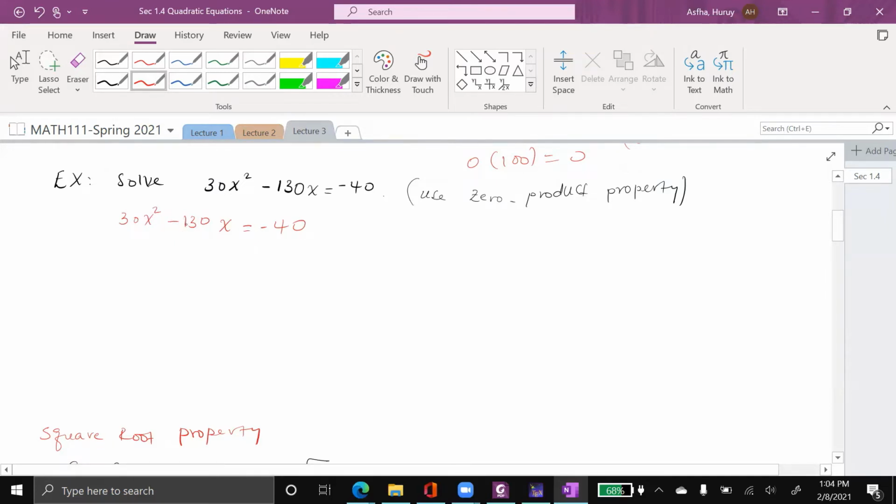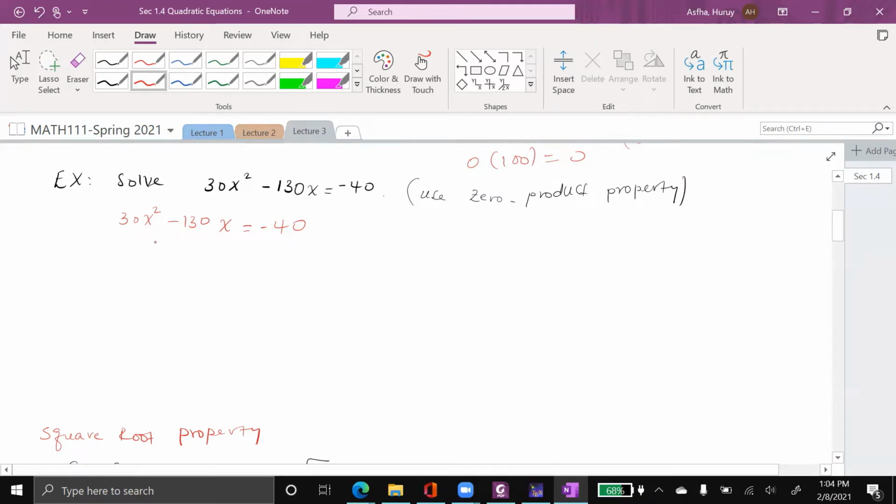That's what we need to ask, because it's much easier to work with numbers between 0 and 10, or maybe a bit bigger, than with numbers greater than 100. Do they have a common factor? Well, they do. At least I can see a 10, because 30, 130 and 40 can all be divided by 10 without remainder.